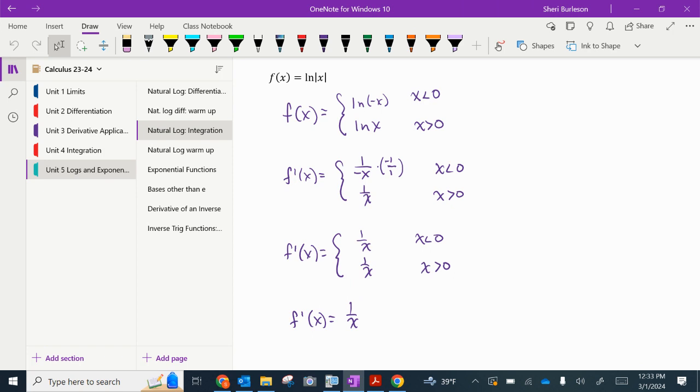So we always have to have absolute value there. Because otherwise, I can't take the natural log of a negative. So I have to include that, because if the x that I want to plug into the natural log would have made it negative, I have to have the absolute value there. Okay.